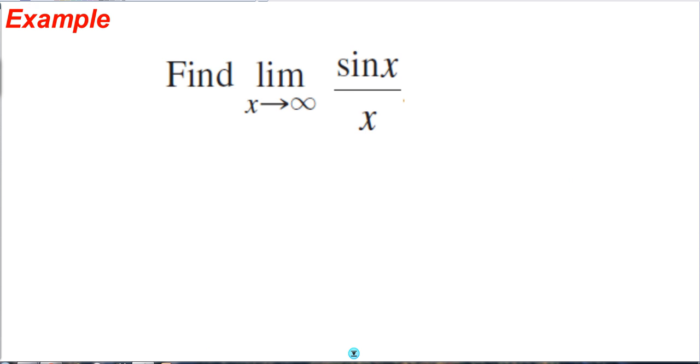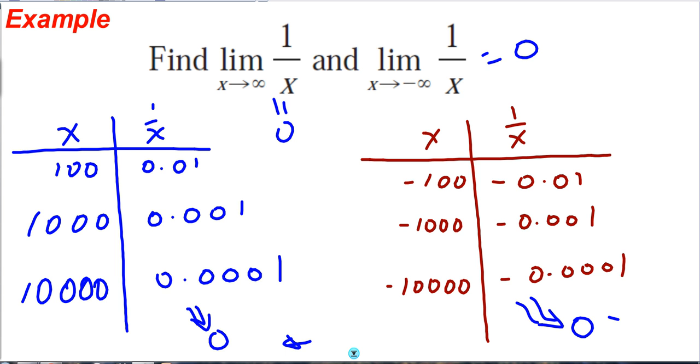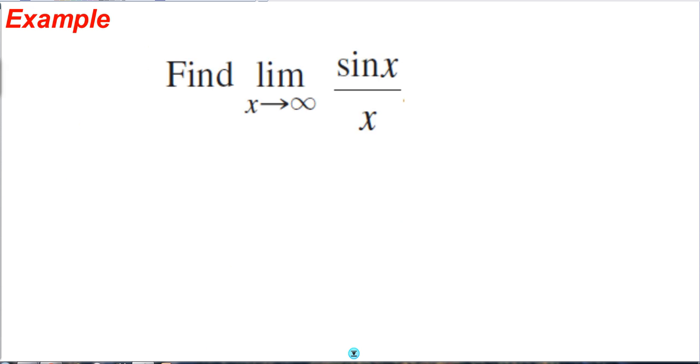Example 2. As I told you before, there will be many different methods that we can use to find limits as x approaches infinity. But we start with the idea that the limit as x approaches infinity of 1 over x is always 0. 1 over x squared will also be 0. So, how about the limit as x approaches infinity of sine x over x?